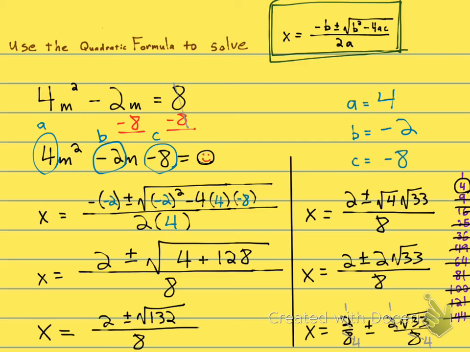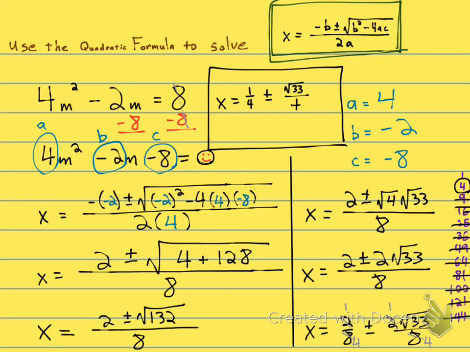So my answer, and I'm going to put it up in the box right here. My answers, I should say answers because I have 2 of them. X equals 1 over 4 plus or minus square root of 33 over 4. I don't need this 1 in front because it's understood that that's 1.